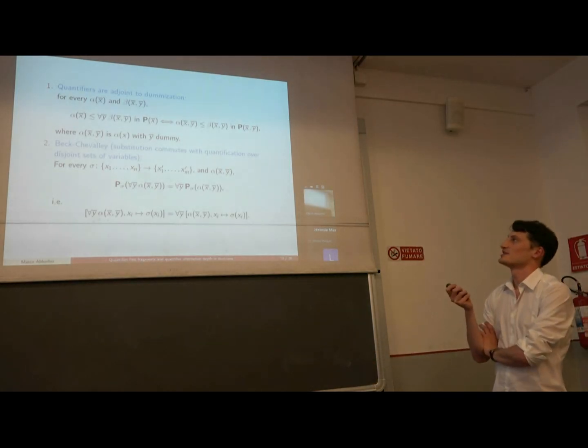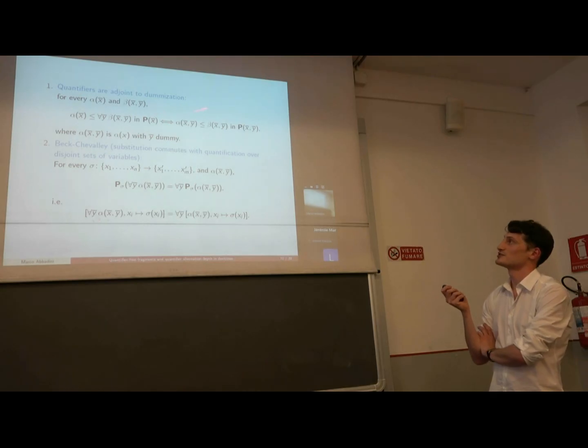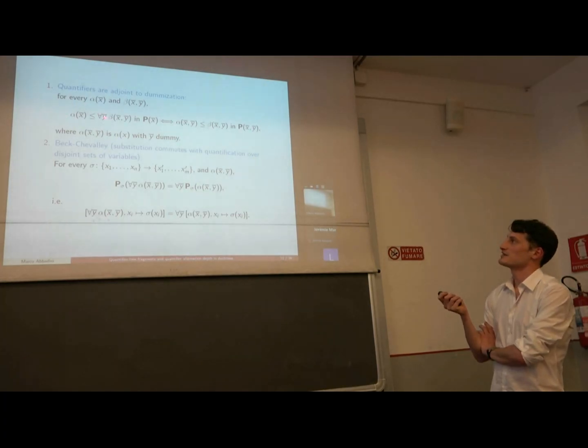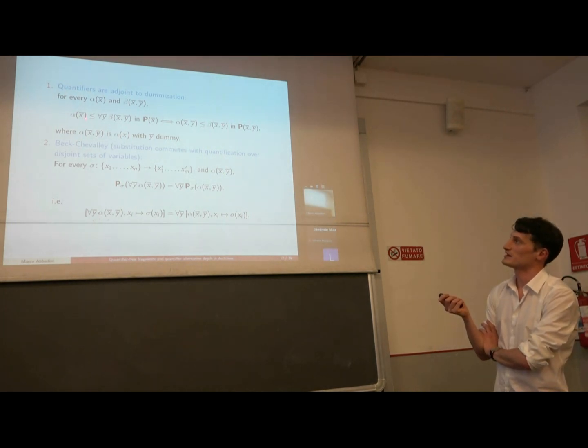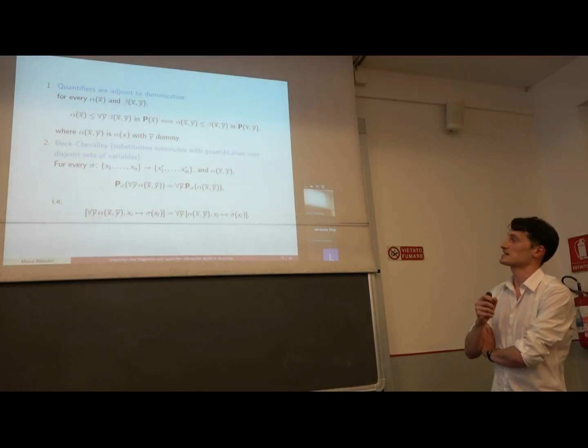First, that quantifiers are adjoint to dummification. What does that mean? Now, here, if I take a for all statement, for all y, beta of xy, well, when is it above a certain formula alpha of x? This means, when can I prove for all y, beta of xy, from alpha x?